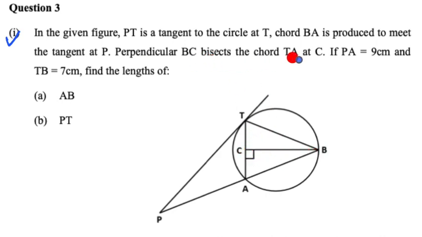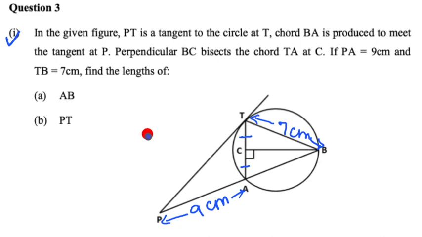Here, bisects the chord TA. So we have this equal to this at C, and PA is given as 9. Where is PA? PA is 9 centimeters from here to here, and TB is equal to 7 from here to here. This is 7 centimeters.